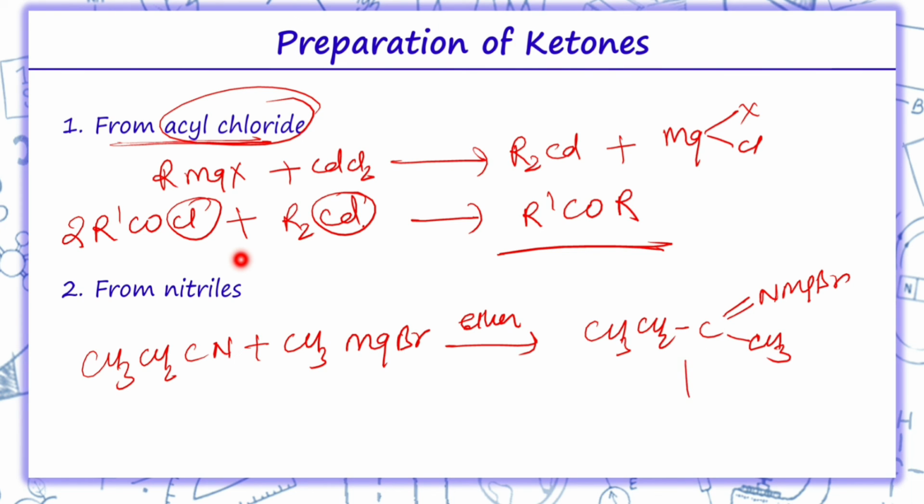Thus, on further hydrolysis with H2O, this bond will break. Here O and here OH will be given. So, we will get CH3CH2COCH3. So, this is how we can prepare ketones from nitriles.